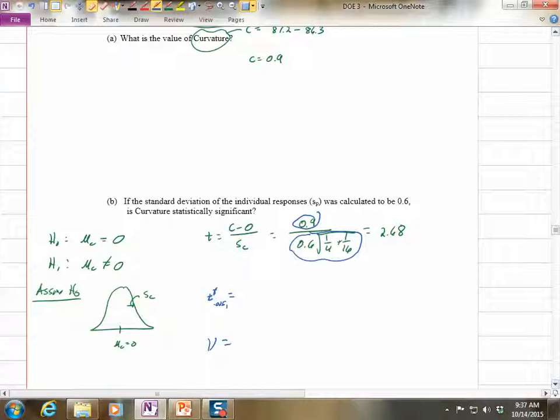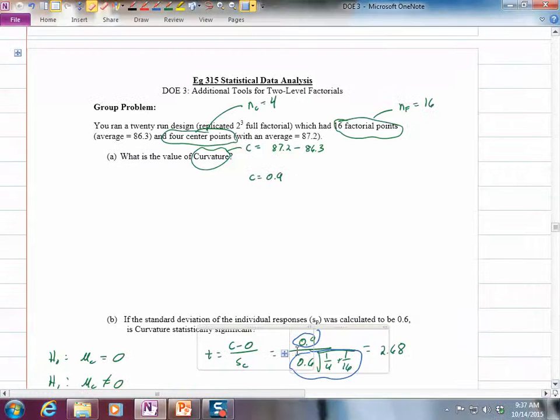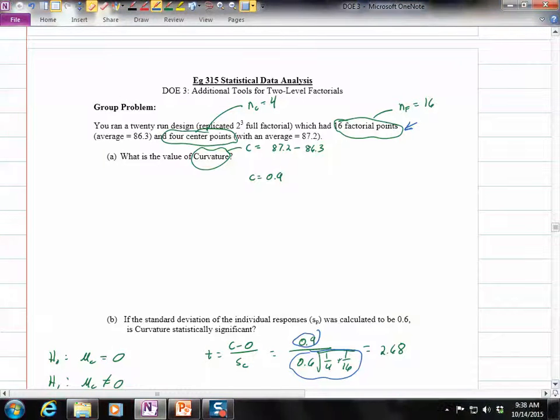What you got? 19 is one. Who else has an answer? 11. Anyone else have another number? Let's think. So we have two replicates at the corner points, right? We have 8 corner points. Good. So it looks like everyone's on the same page. So 8 corner points.